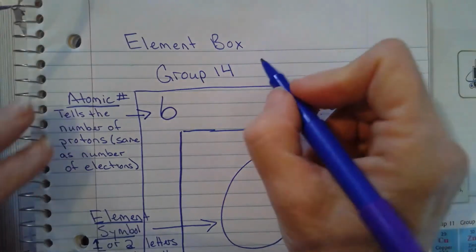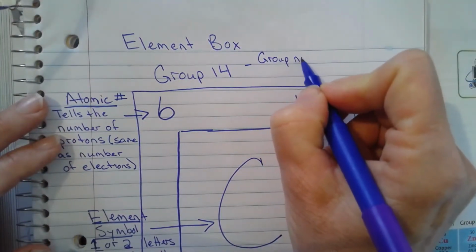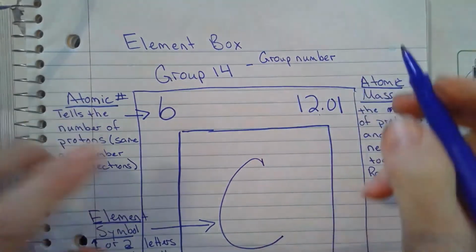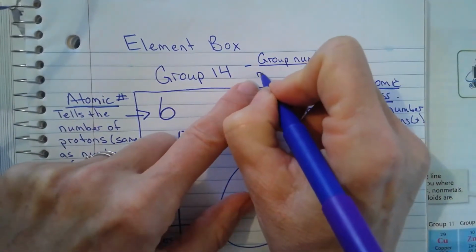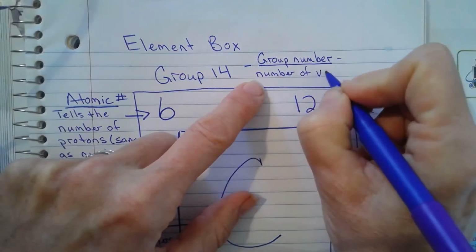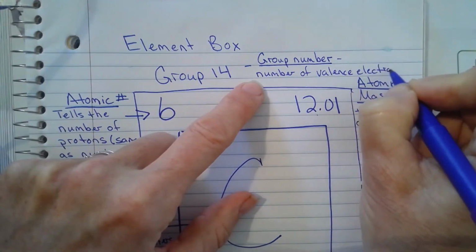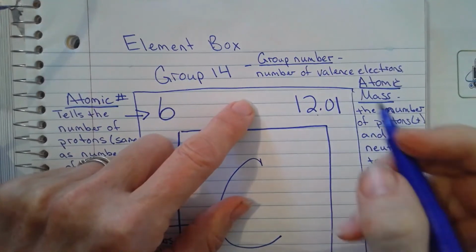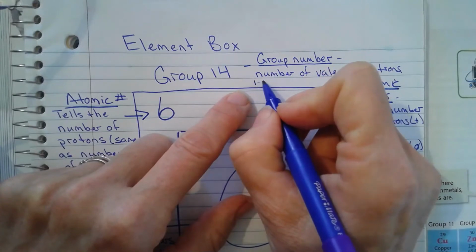So up here, this is the group number. This tells the number of valence electrons. Now, you can only have electrons go 1 through 8.